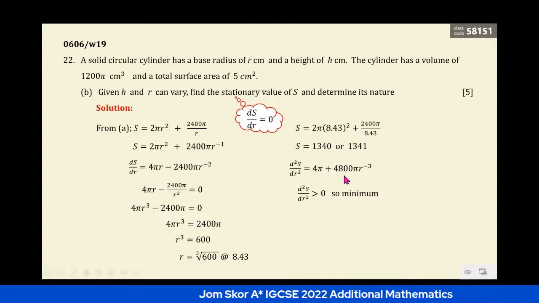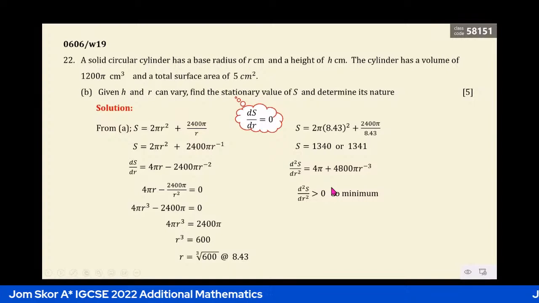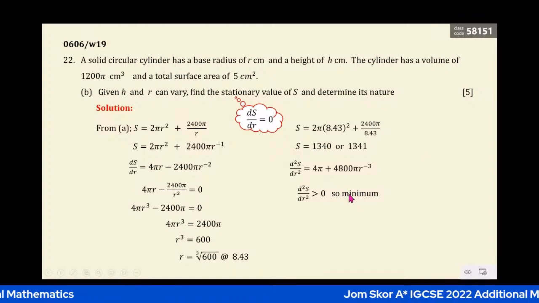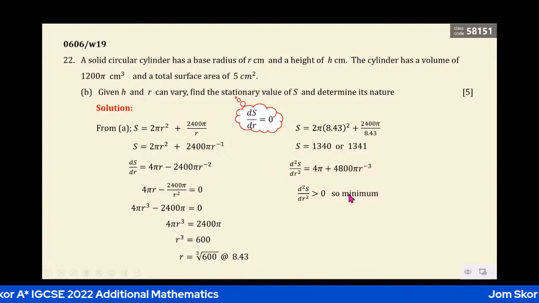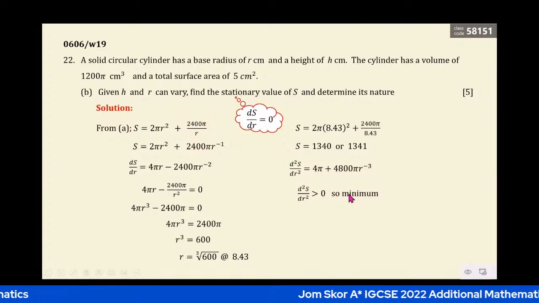So when d square S over dr square is positive, we can conclude that the nature is minimum. Dia ada dua kan. Kalau d square S dr square less than 0, so that is maximum. Kalau dia greater than 0, the nature is minimum. Okay. Alright.